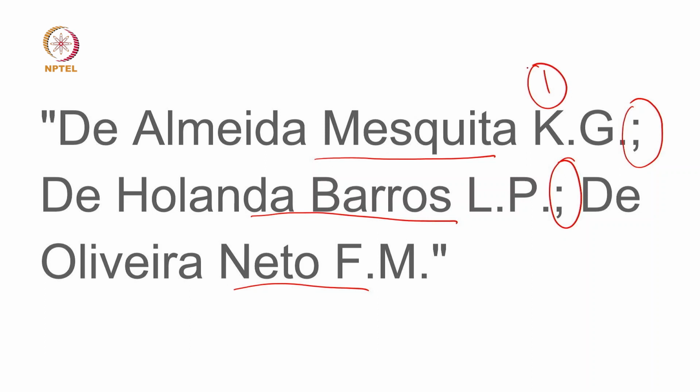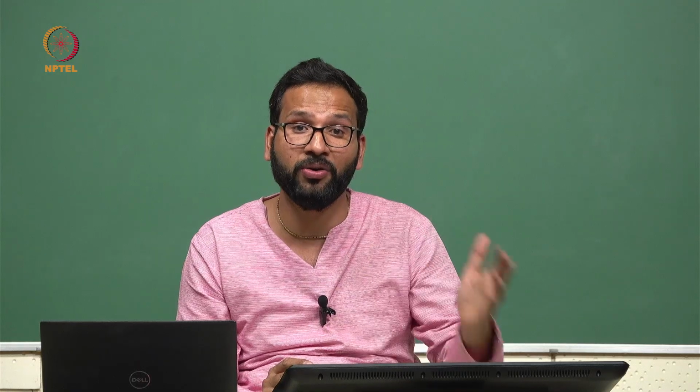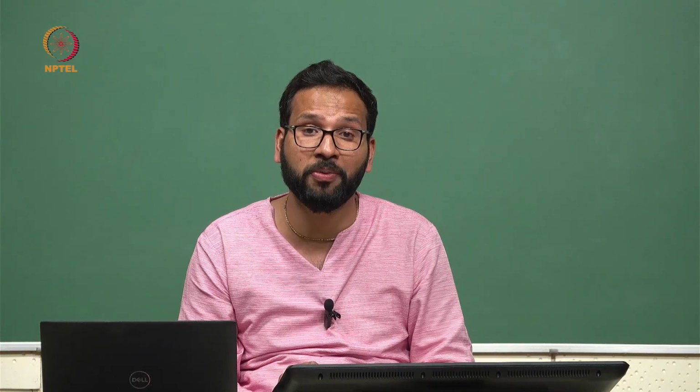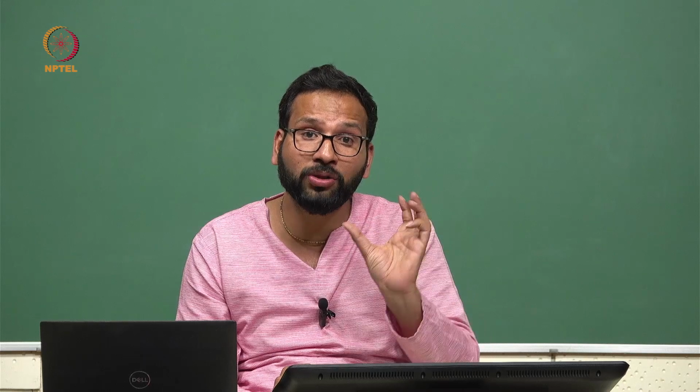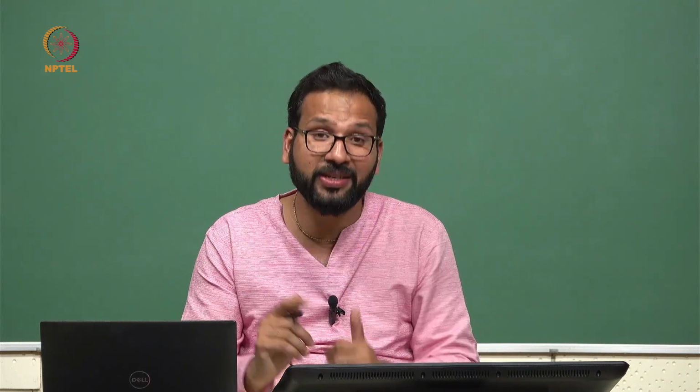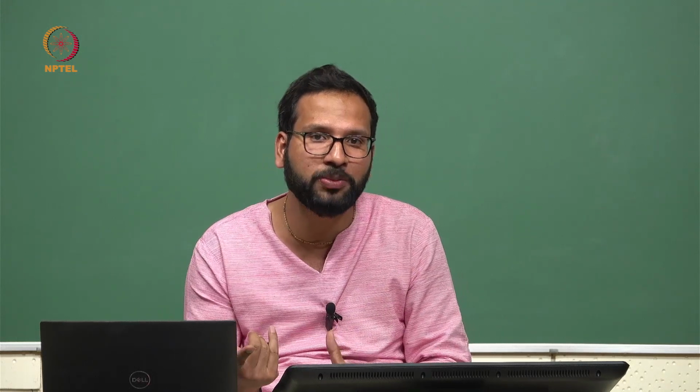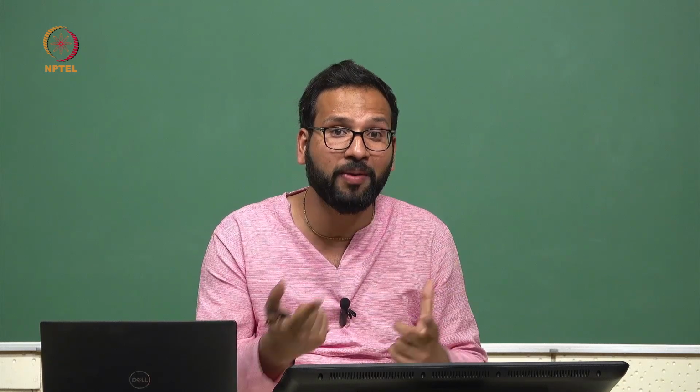This is one author, this is the second author, this is the third author. Whether you are extracting the data from Scopus or Web of Science, all the author names are separated by a semicolon. So if somehow we can count the occurrence of semicolons, we can solve this problem of counting the number of authors of that publication.